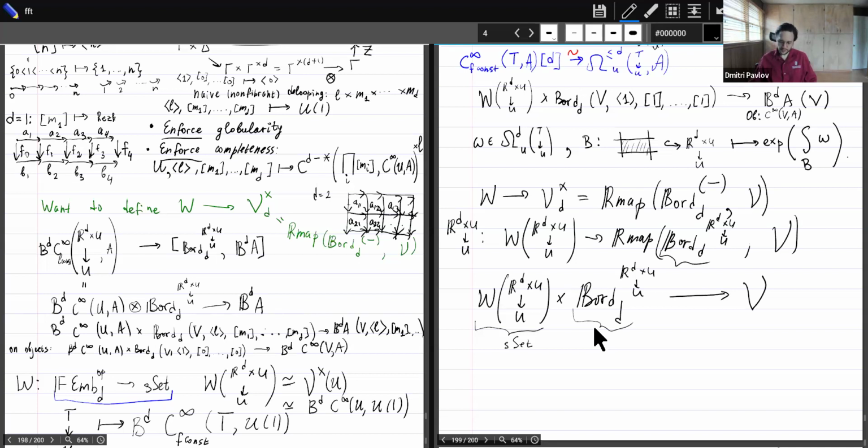So let's evaluate on some object, like a Cartesian space, capital V, an object of gamma, which is 1, and maybe a bunch of 1 simplices.